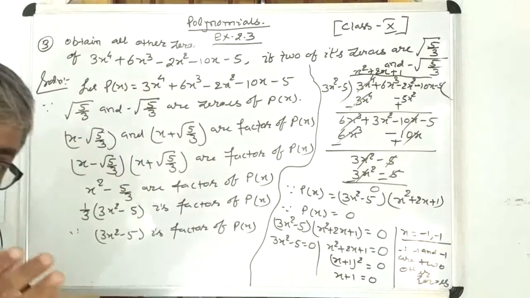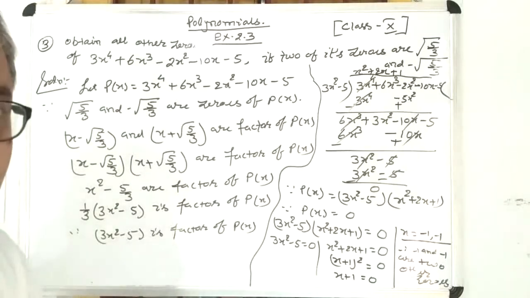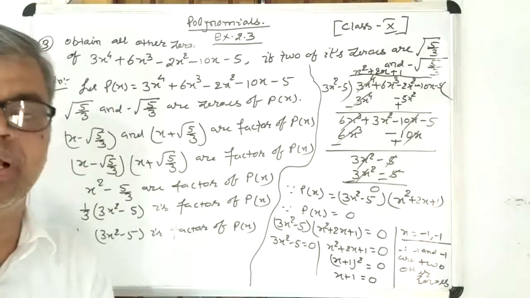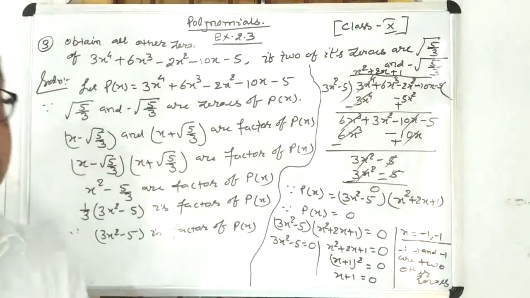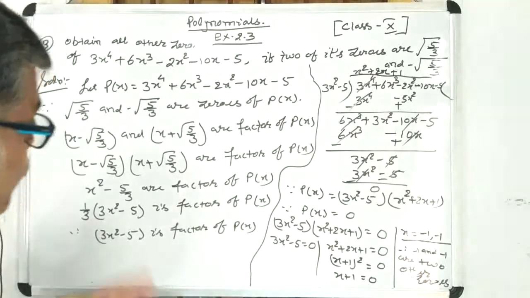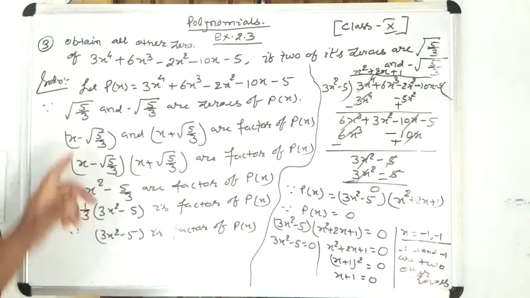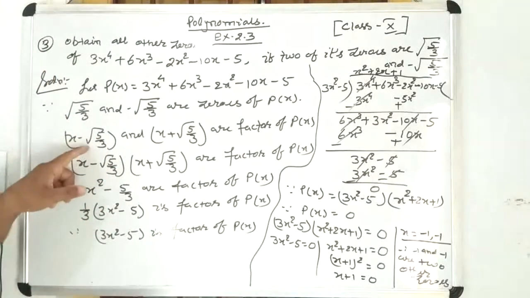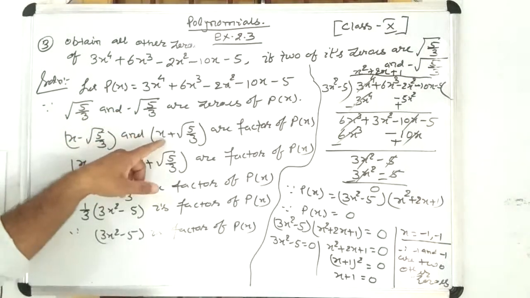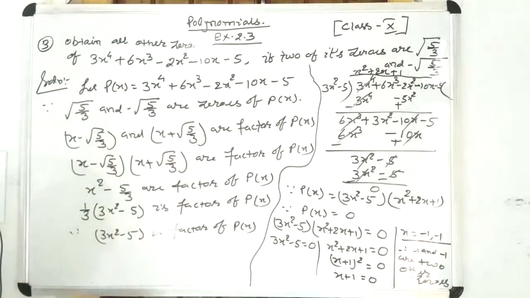So by applying the factor theorem here, if a is a zero of the polynomial, then by the factor theorem, x - a will be its factor. So by using the factor theorem, we could conclude x - √5/3, and for the minus, x + √5/3, are factors of p(x).